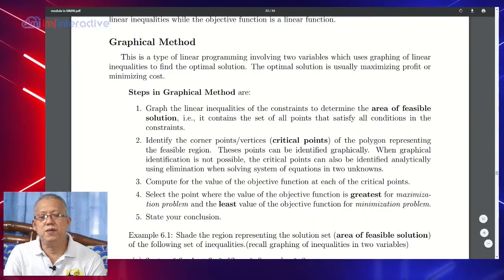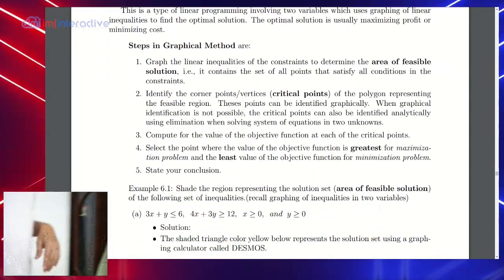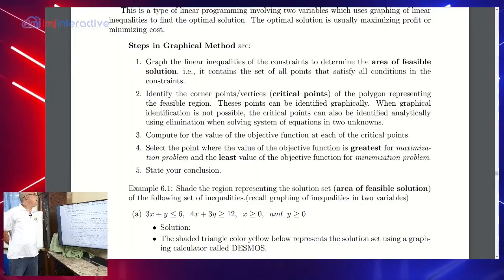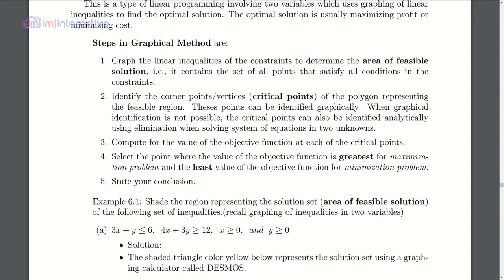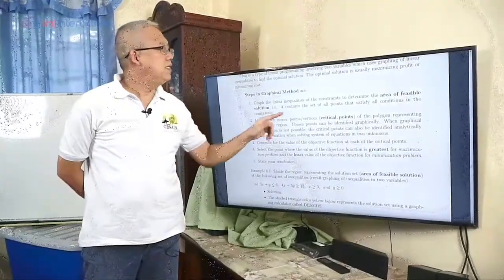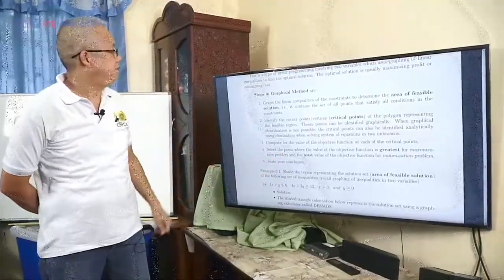Now, here are the steps in the graphical method. Step number 1, graph the linear inequalities of the constraints to determine the area of feasible solution. The area of feasible solution is that set of points that satisfy all the conditions in the given constraints.